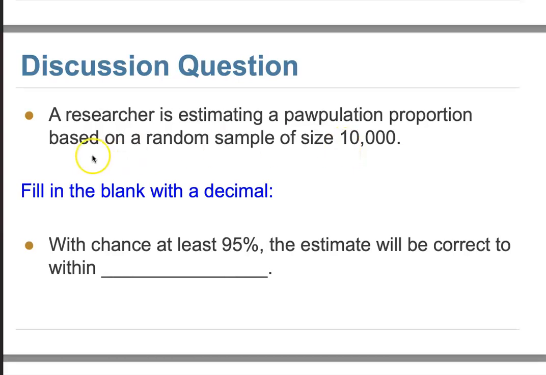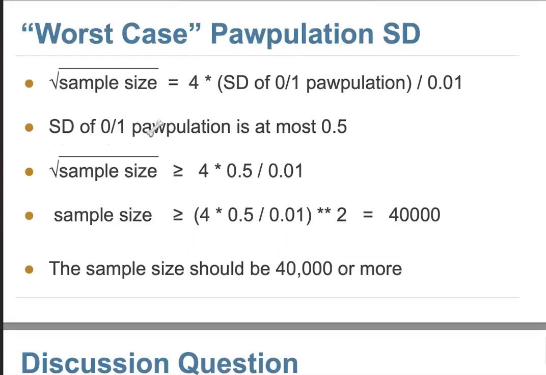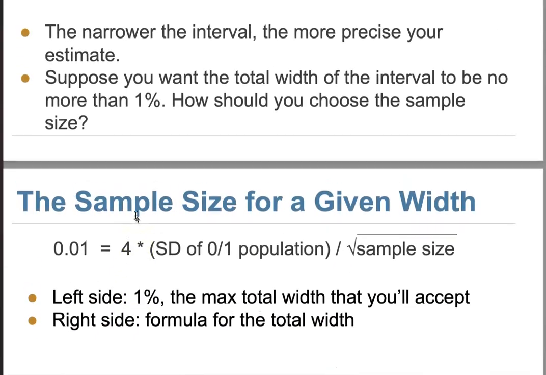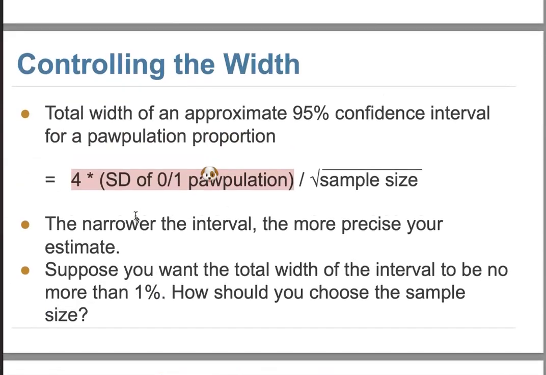Okay, so I'm sure you already discussed with your classmates, right? Now this question: we have a random sample size of 10,000, and we want to find the range under the 95% confidence interval. So we go back to the beginning here.